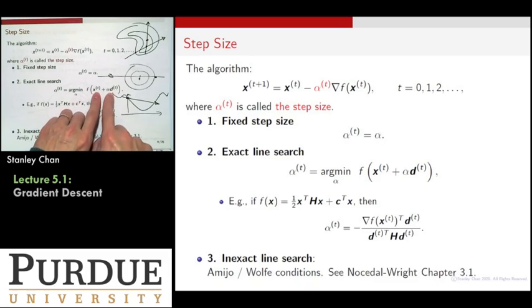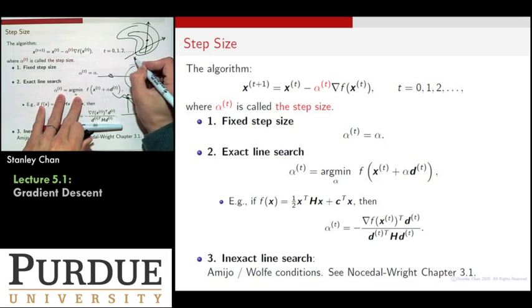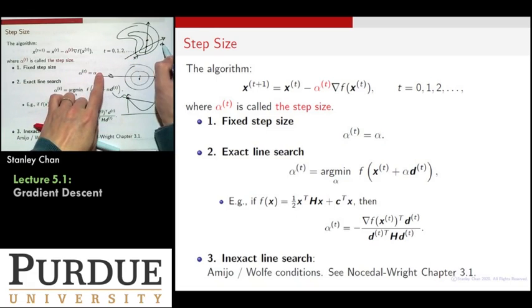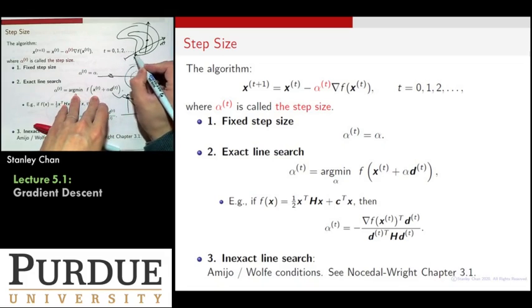That means, in this diagram, this is my x of t. This is already fixed. And then my search direction is d of t, so I have already also picked that direction. And then I'm traveling along this direction.